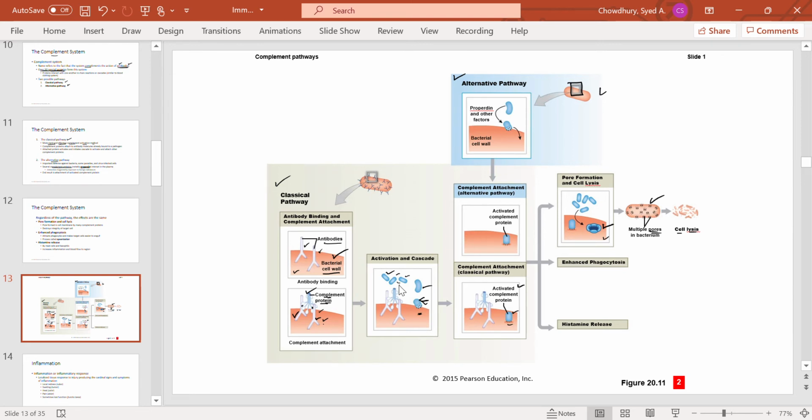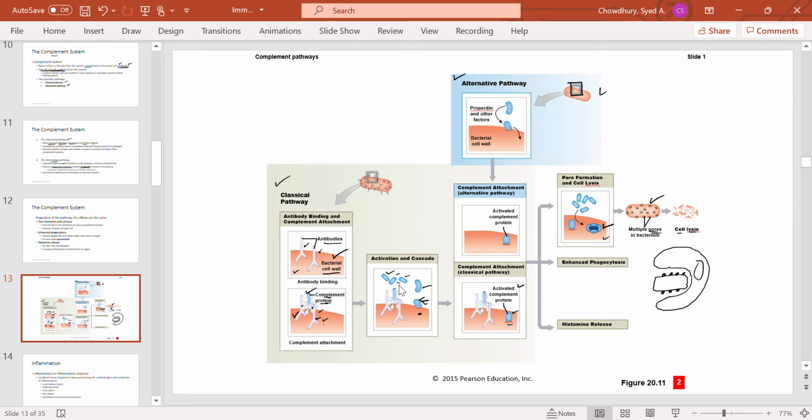And also some complements will get attached to the surface, like this is the bacteria, and these are the activated complement proteins, and will make this bacteria more tasty for the phagocytic cells to eat it up. So this is a phagocytic cell, for example your macrophage or any white blood cell.